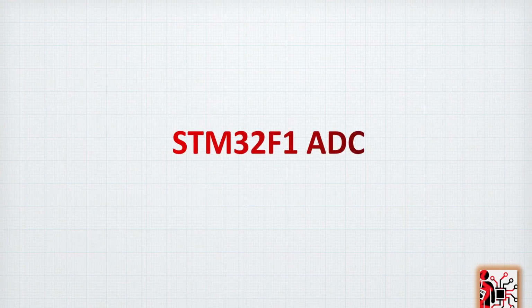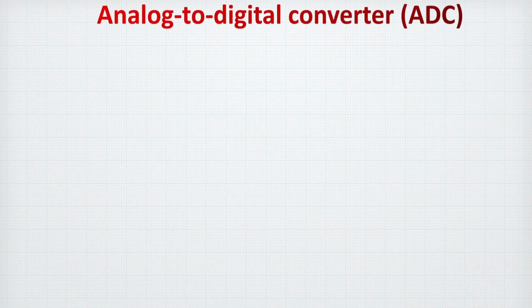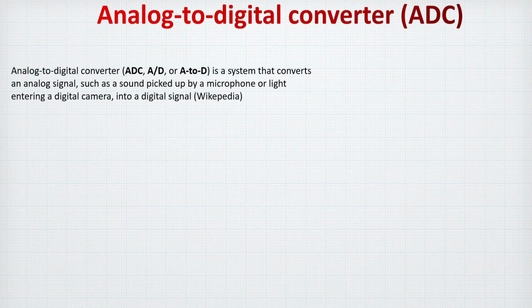Okay, so let's have a detail about the STM32F1 ADC. First of all, let's have a look at what an ADC, or analog to digital converter, is, which can be said as ADC or A/D or A to D. It is a system that converts an analog signal, such as a sound picked up by a microphone or light entering a digital camera, into a digital signal.